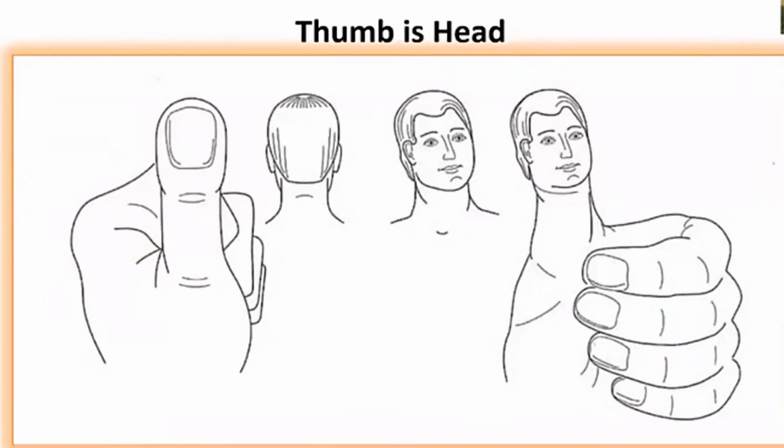The middle finger and the ring finger touch the palm and so depict the legs. The first finger and the little finger are protruding on the side, so these are the arms. And the thumb depicts the head.